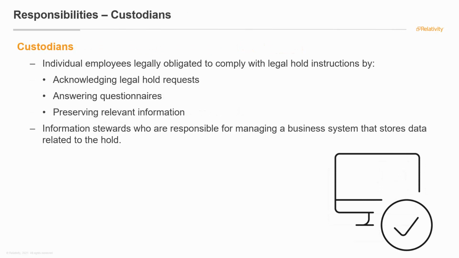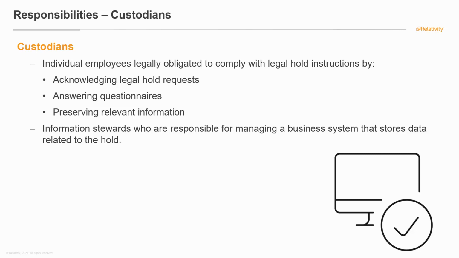So far we've briefly talked a little about custodians, but let's discuss more their responsibilities. Why are they important? Custodians are stewards of potentially relevant data. During the legal hold phase, a custodian is given a hold notice or communication providing details on the hold and any action items they may need to perform.